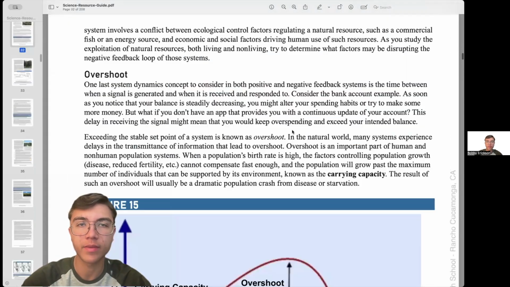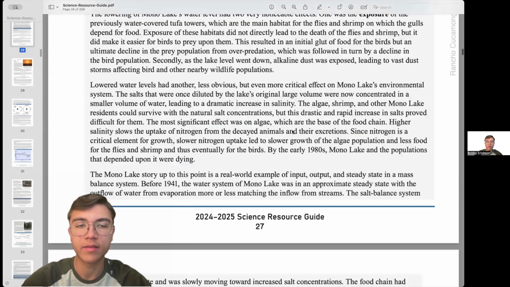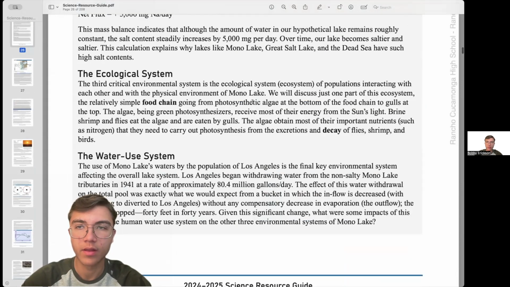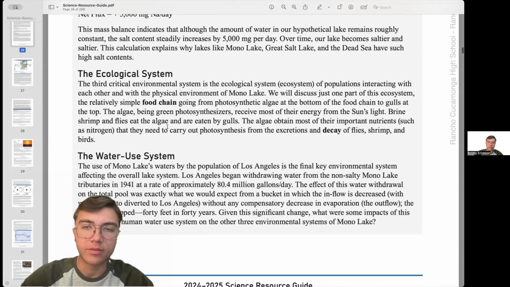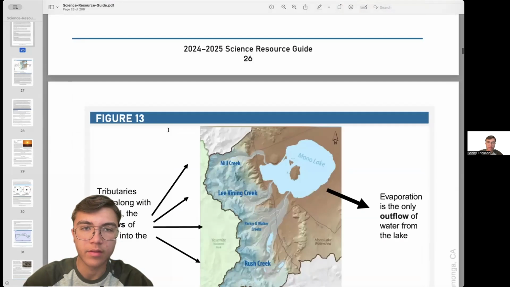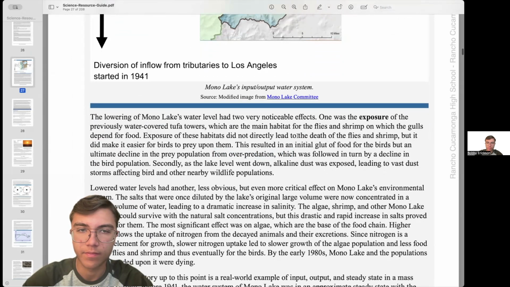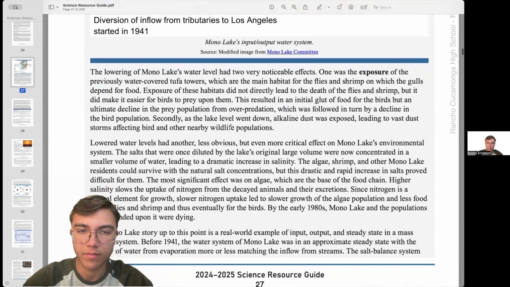So if we look at Mono Lake here, we can see that with a slower nitrogen uptake, this means that the algae population has less food.